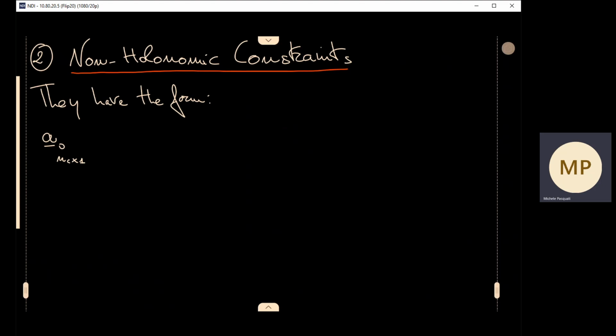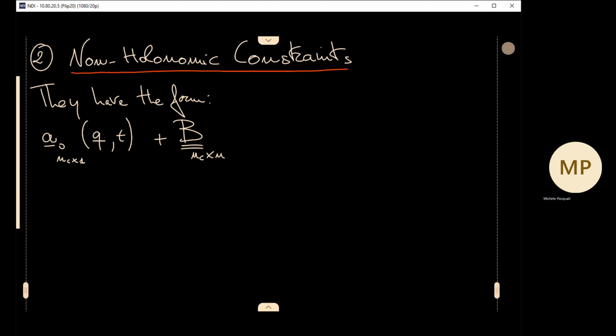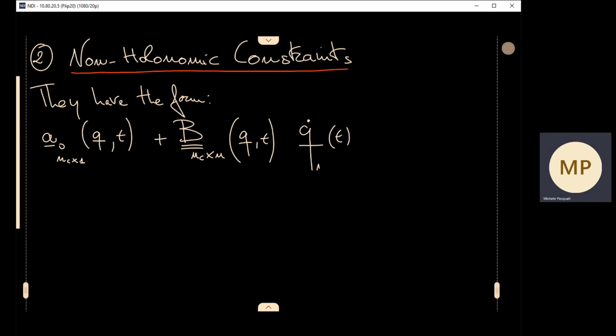So it's a column vector having nc rows, which has a functional dependence over the q's, so generalized parameters, and time, plus a matrix B of dimensions nc times n, typically again a function of q and time, applied over the vector of generalized velocities q dot, which, as we know, is a column vector of n rows, equal to 0.